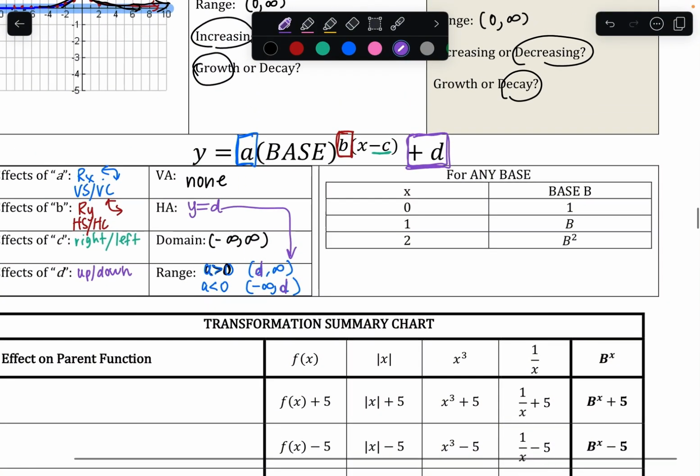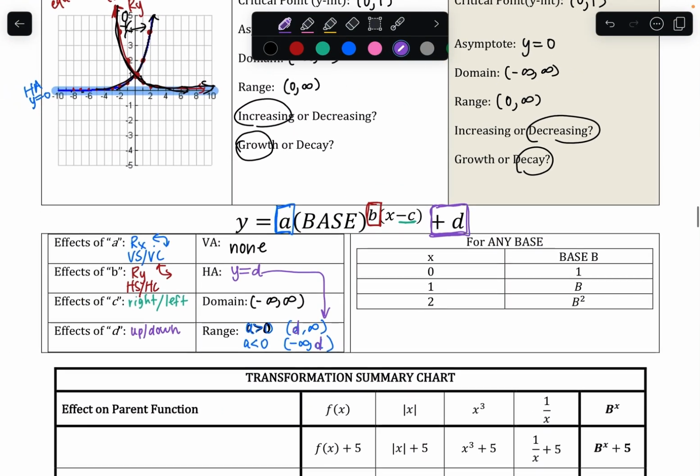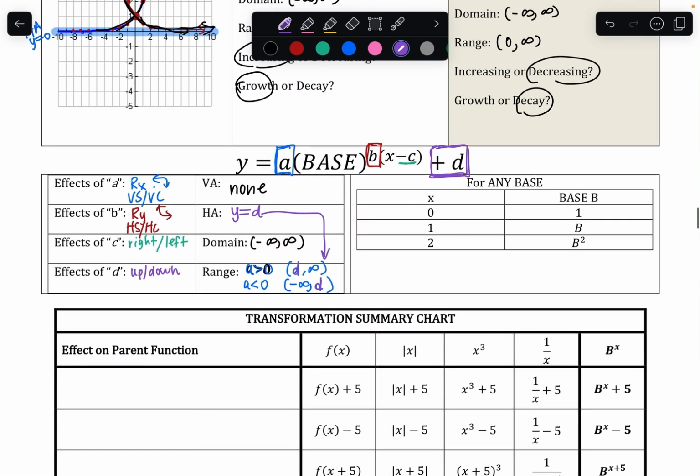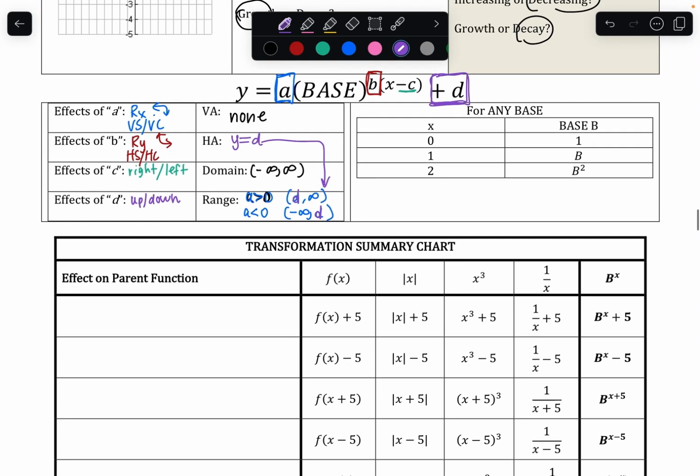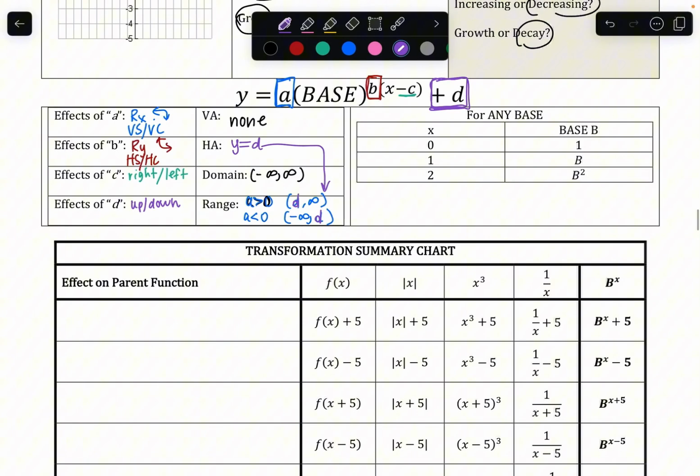Okay, the other thing that's helpful is to note you can make a table of points for any of your parent functions. Always use 0, 1, 2 for x. And so if our base is 2, we would have 0, 1. We would have 1, 2, 2, 4. So it's the base and then the base squared.